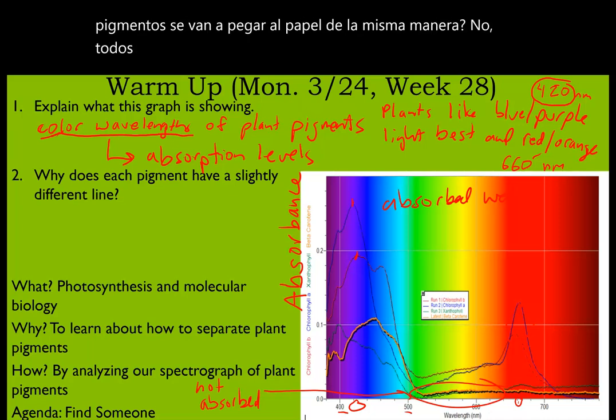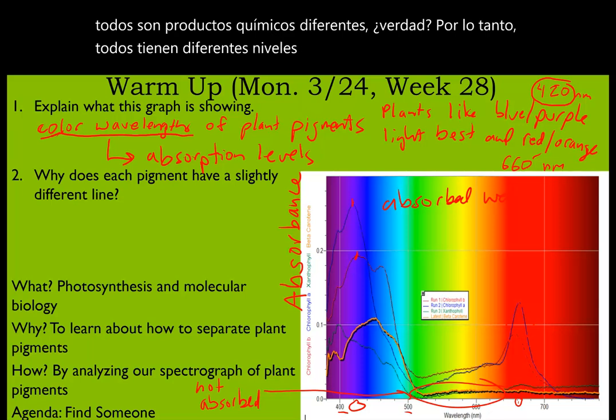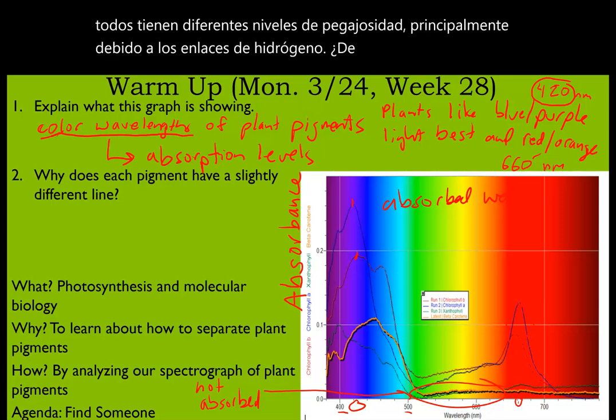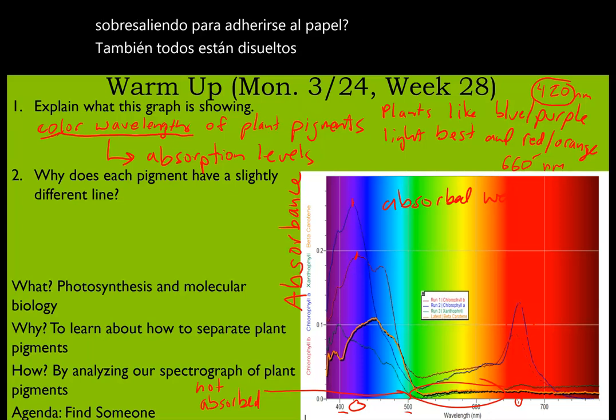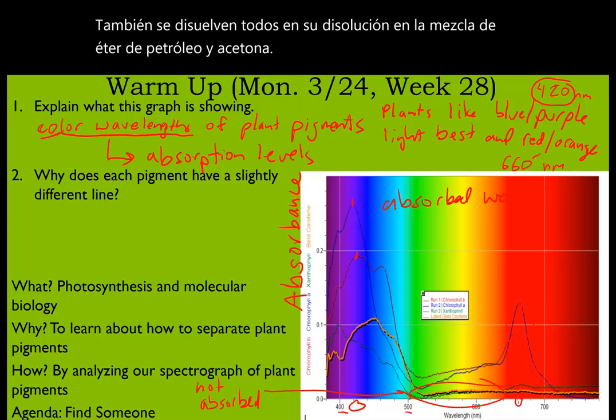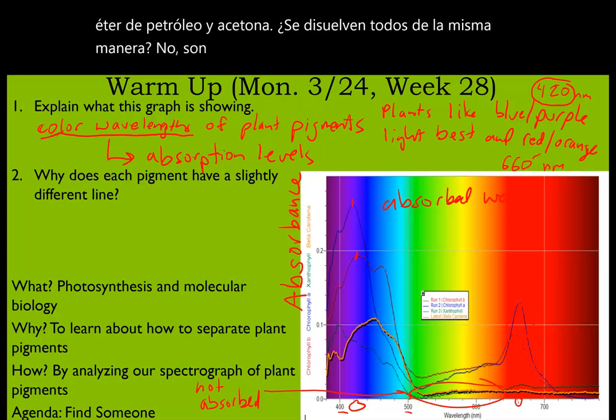So they all have different levels of stickiness, mostly because of hydrogen bonding, what kind of atoms they have sticking out there to bond with the paper. They're also dissolving in the petroleum ether acetone mix. Do they all dissolve the same way? No, so they're different chemicals, so they react differently on the paper.